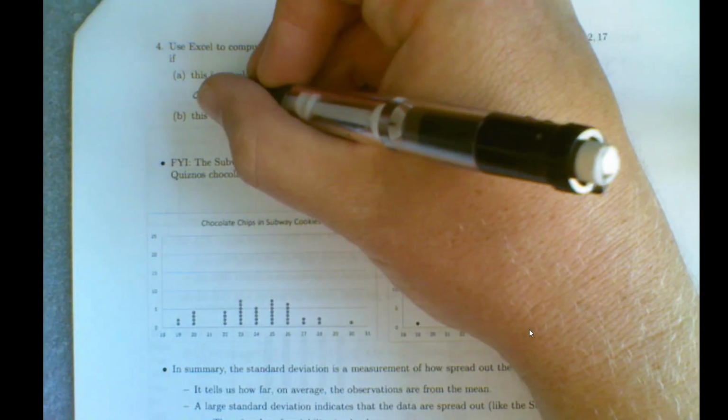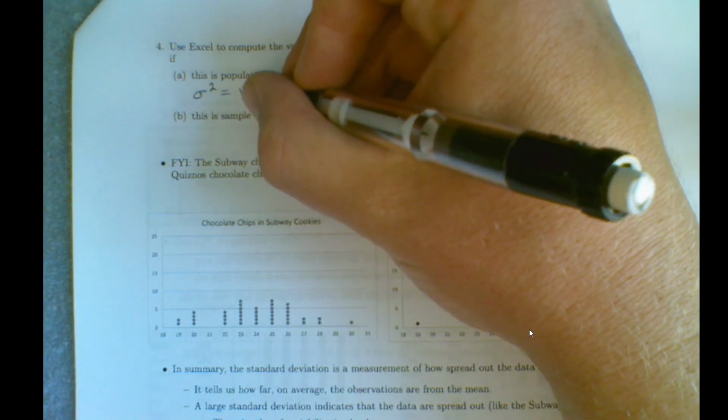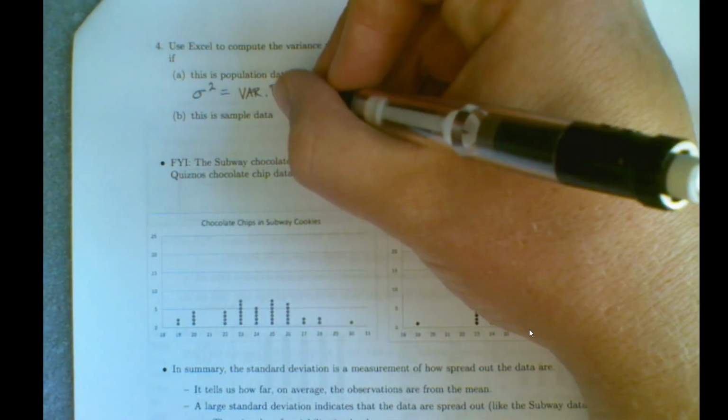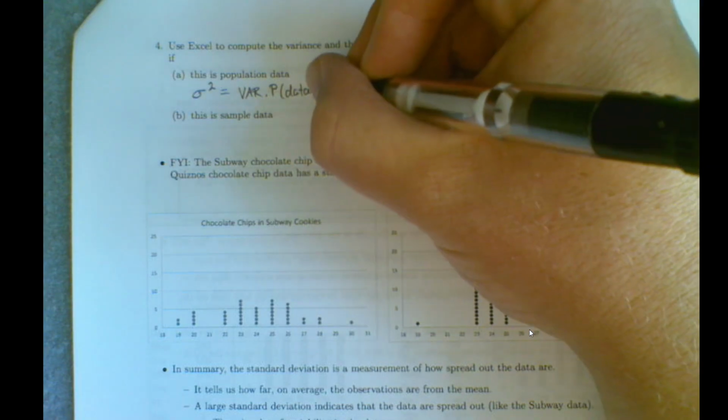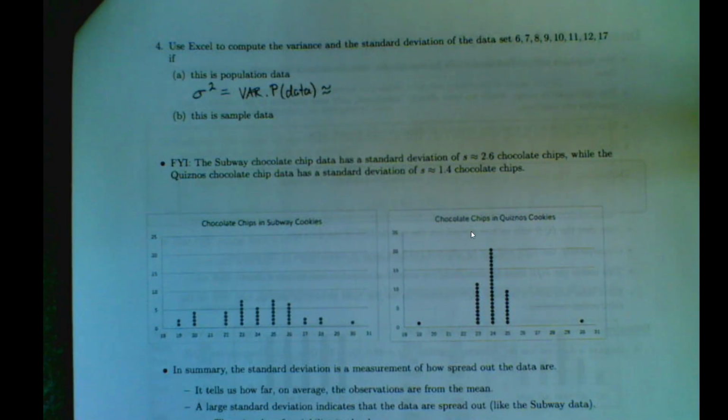And in Excel we would say this equals var.p for population. So let's see what that is.